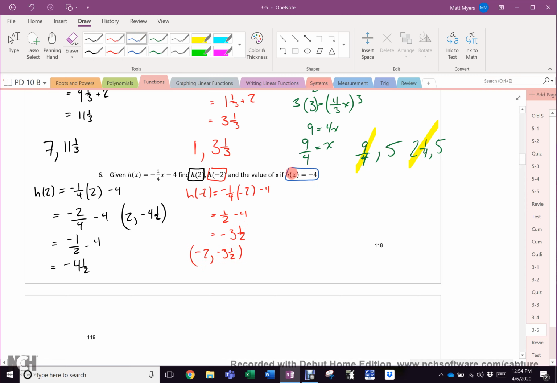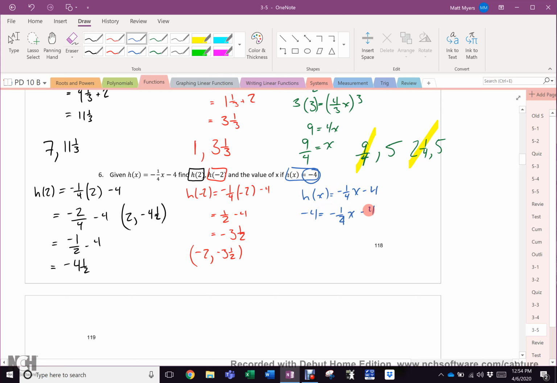And lastly, remember this one is different. I know all of h of x. I don't know x. So I have h of x equals negative 1/4 x minus 4. This side is negative 4. I don't know x because you can see it's still blank there.